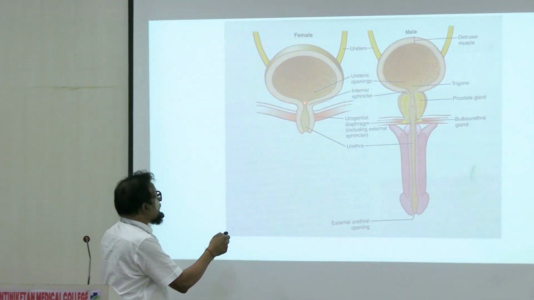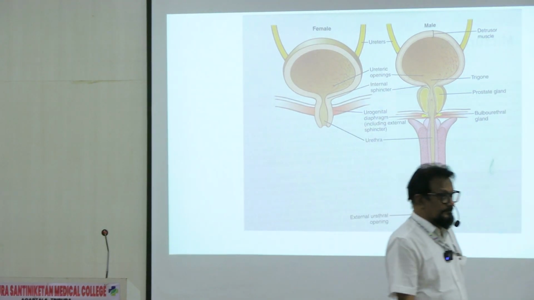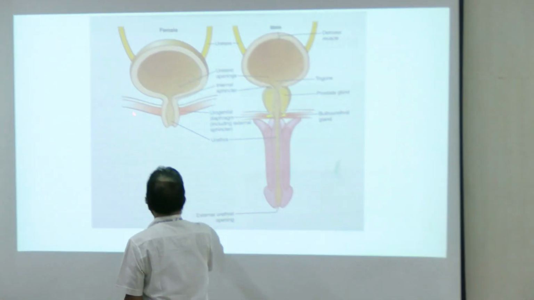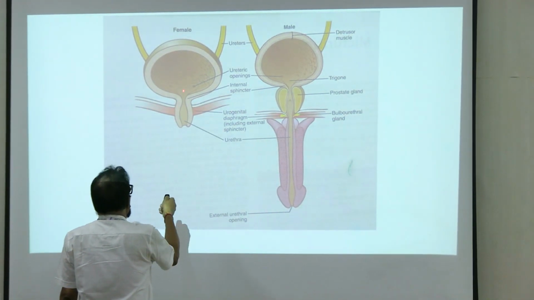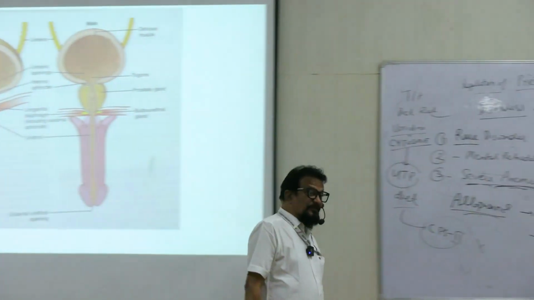The apical part of the trigone forms the internal sphincter. From here it begins, the internal sphincter. When this internal sphincter crosses the urogenital diaphragm, it forms the external sphincter.